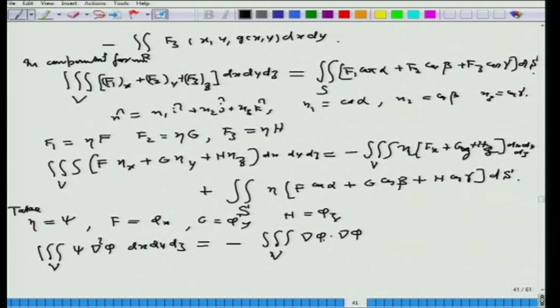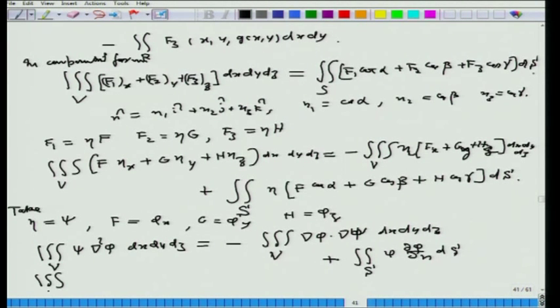This will have 3 components here, phi x, phi y, phi z, dotted with gradient of psi, dx dy dz, and plus this boundary term over S, psi del phi by del n, which is now the 3-dimensional normal derivative, ds. If we interchange phi and psi and then subtract, we get a formula similar to the one we had earlier.